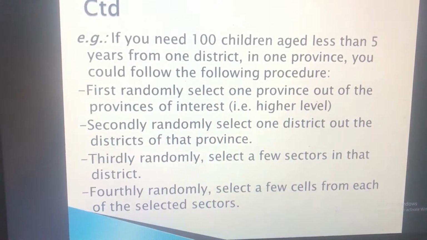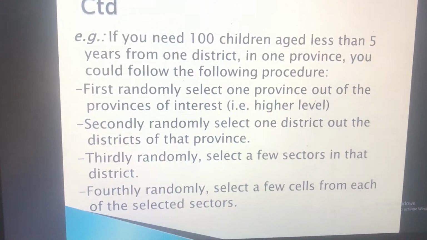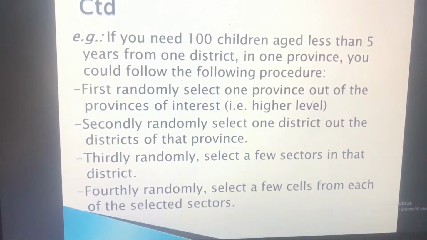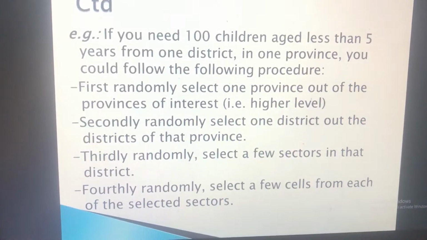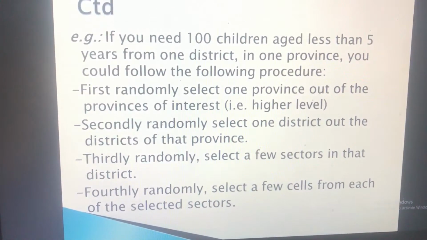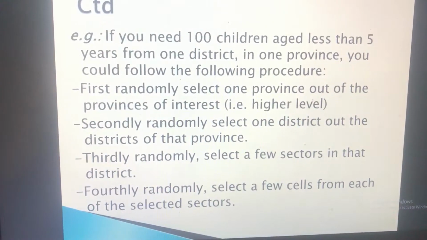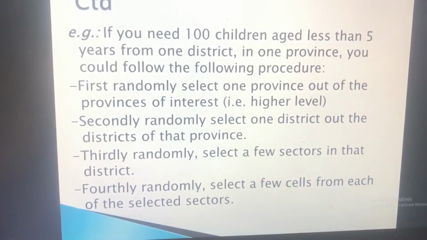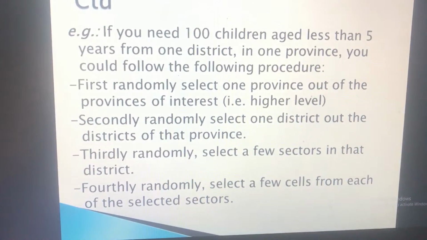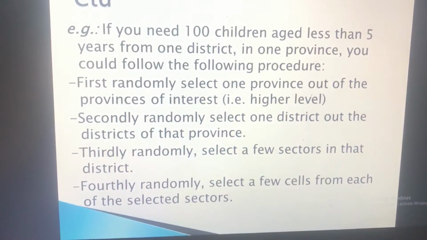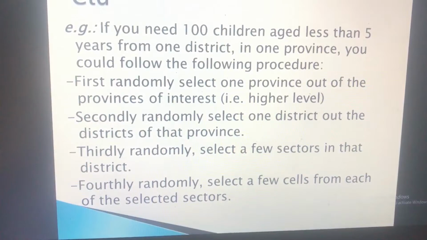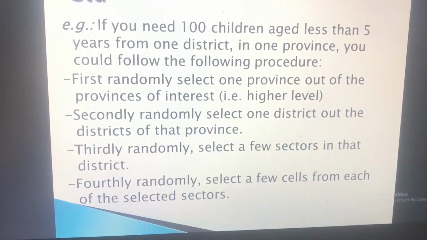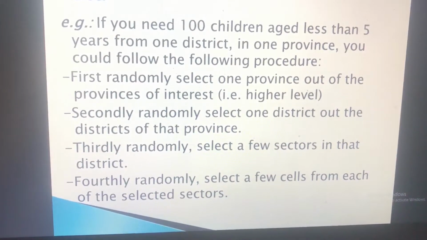If you need 100 children aged less than 5 years from one district in one province, you could follow this procedure. First, randomly select one province out of the provinces of interest. This is the higher level. Secondly, randomly select one district out of the districts of that province. Thirdly, randomly select a few sectors in that district. Fourthly, randomly select a few cells from each of the selected sectors.